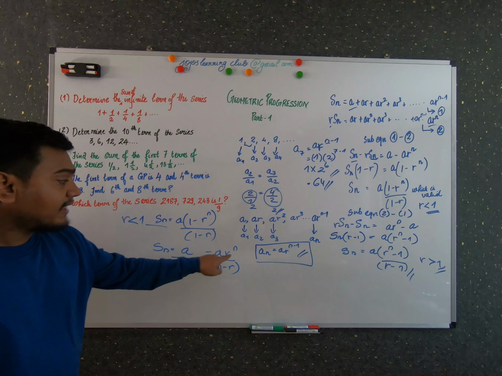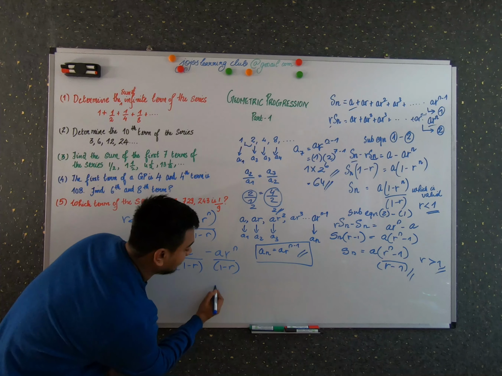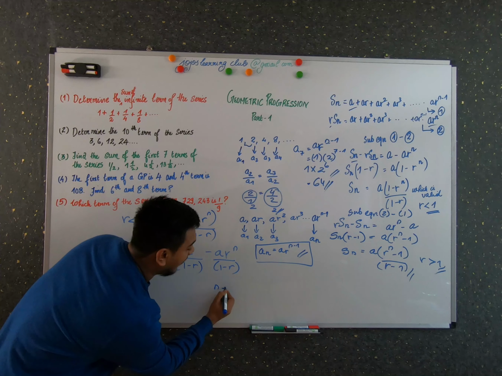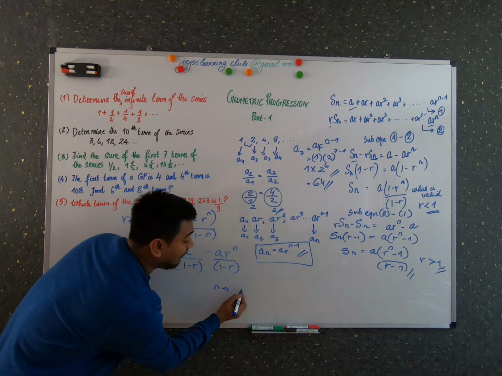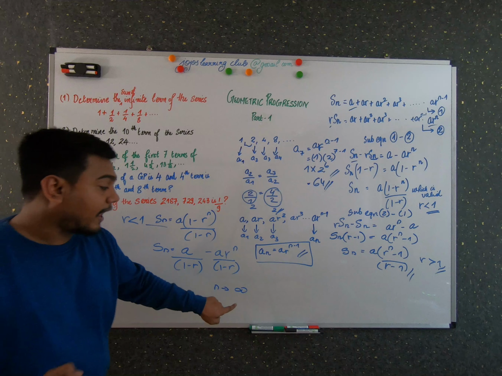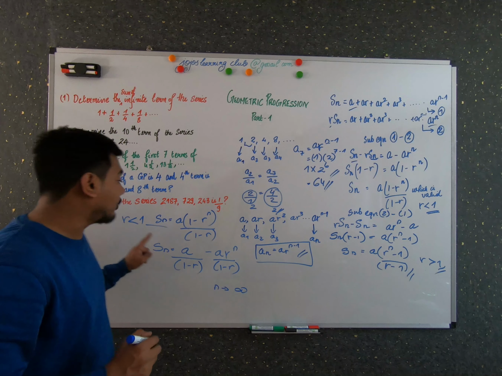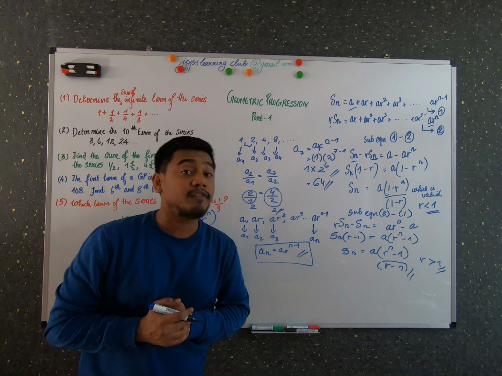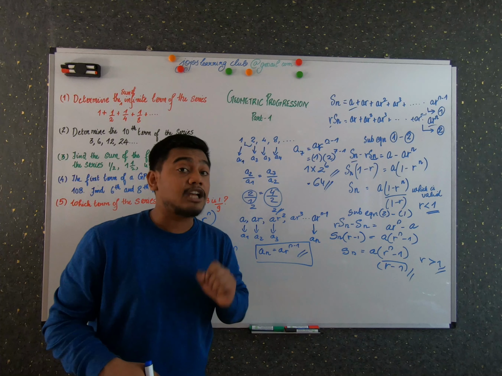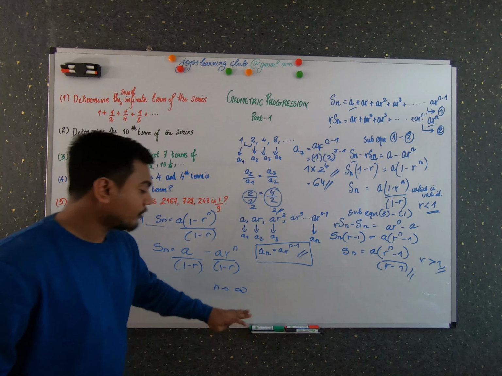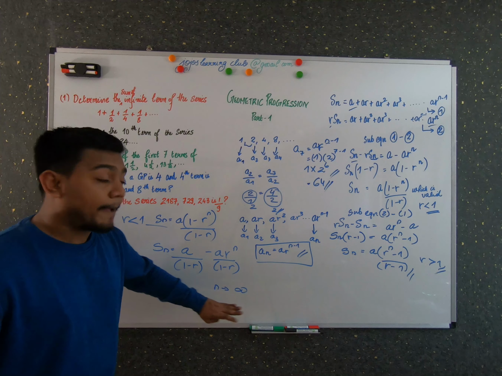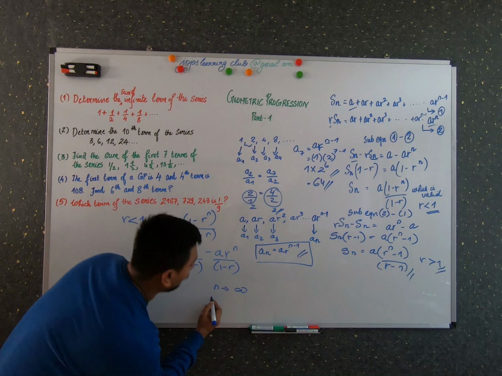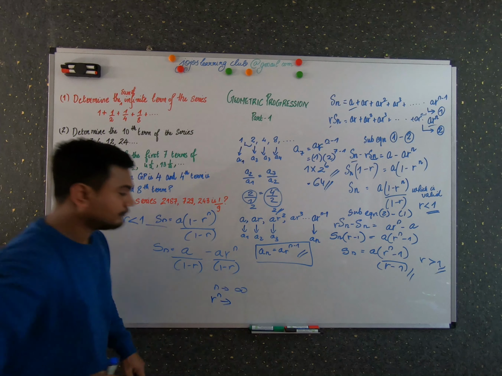Okay, as the value of n increases, let's assume that n is infinity, because we are going to find the sum of infinite terms of a GP when the value of the common ratio is less than 1. So when n approaches infinity, what happens to r raised to n?